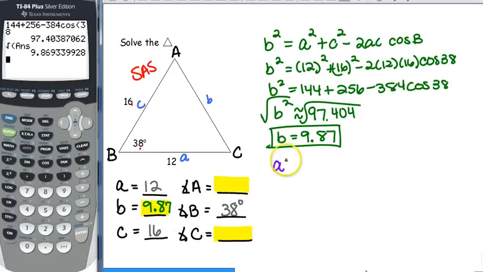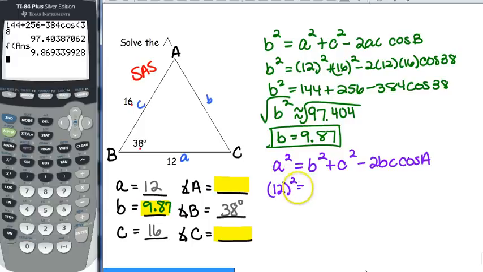So that gives us A squared is equal to B squared plus C squared minus 2BC cosine of A. Our A we know, so we've got 12 squared is equal to our B squared. Now we don't like to use rounded answers, but in this case we're going to have to.